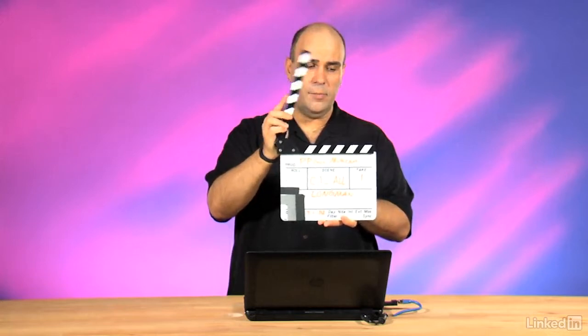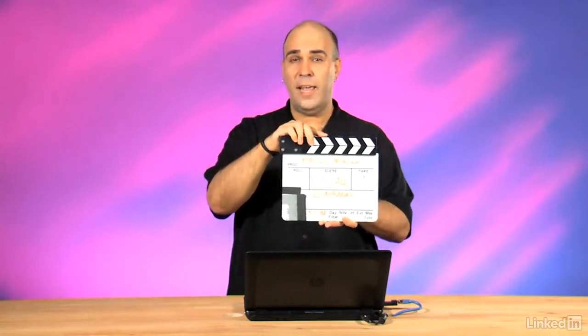What happens is that the clapboard raises and the person could call out the information about the scene in the take. And then when they close this, it produces both a visual sync point of the clapboard closing and that noise. That loud pop becomes an easy point to reference when it comes to syncing.